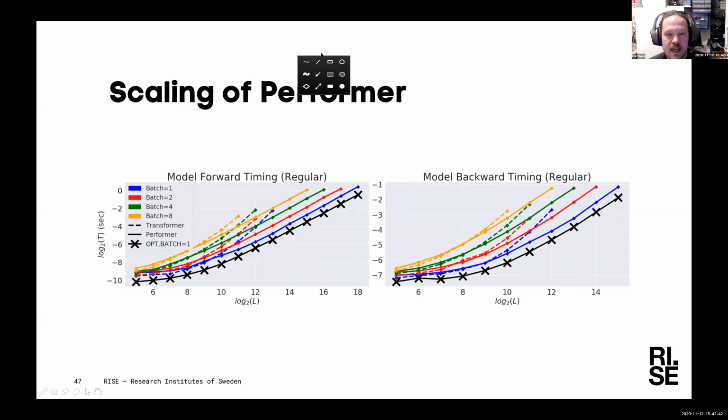So this corresponds to a sequence of length 2 to the 10, which is 1024, and this would be 2 to the 18, a quarter of a million, roughly. And we see that opt here is the simplest attention mechanism we can think of, or at least one of them.